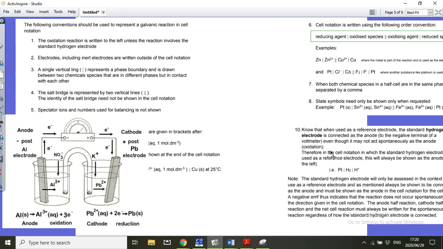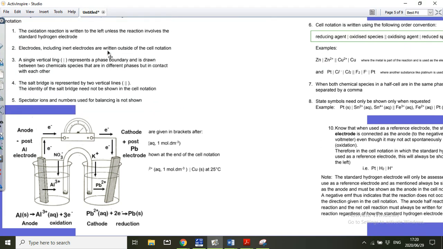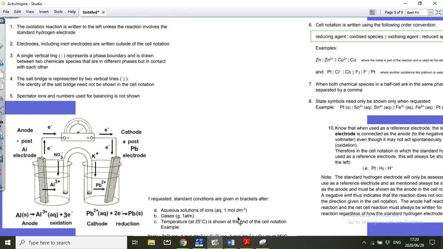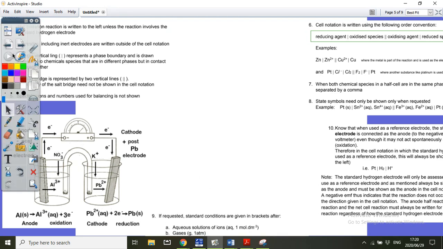These points are all in your notes and you have them here to go and look at as well. I'll make it neat again after. But what I want you to see is that you're basically going to start by writing the salt bridge in the middle.